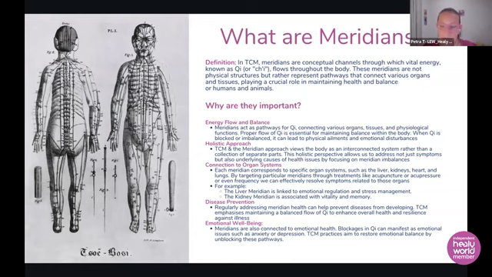So for example, liver, kidneys, heart, lungs, those are all meridians as well. And by targeting a specific meridian through traditional Chinese medicine treatments like acupuncture, acupressure, or even frequency, and we're going to look at how we're going to do that, we can actually resolve symptoms related to those organs that can come up in different ways.